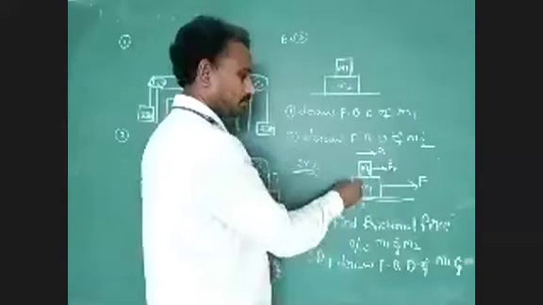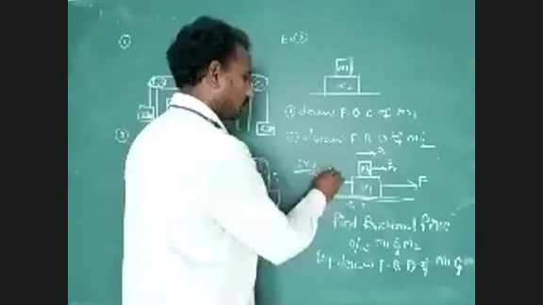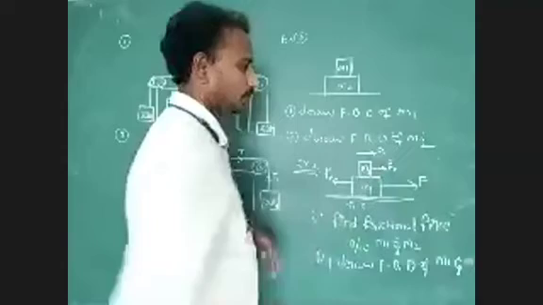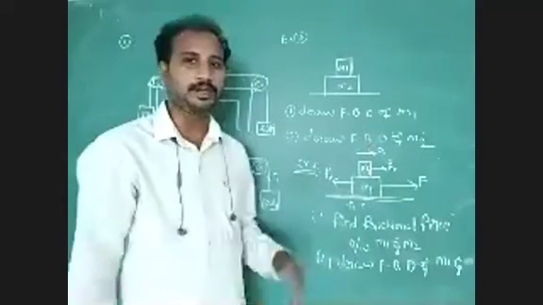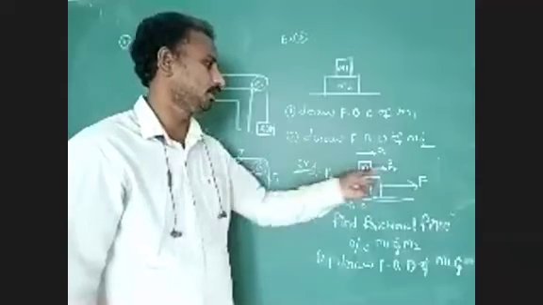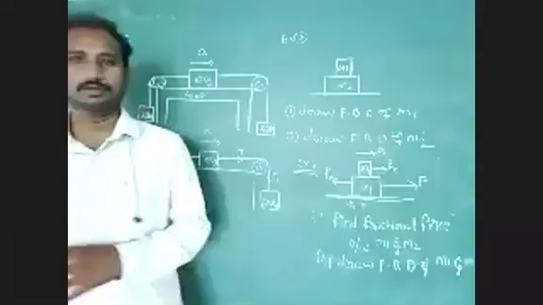The frictional force provided by M2 on M1 is opposite to the applied force. Both forces are the same, according to Newton's law: every action has an equal and opposite reaction. Find out that Fr value.